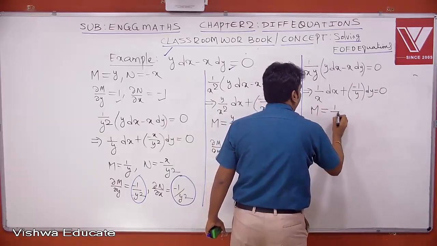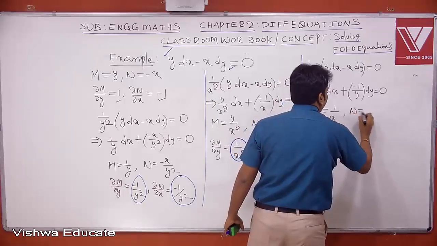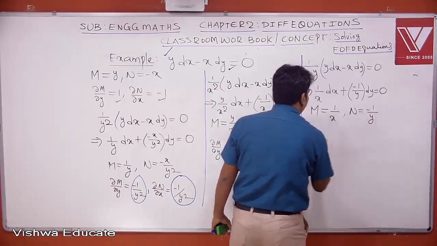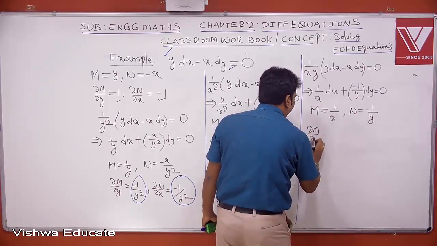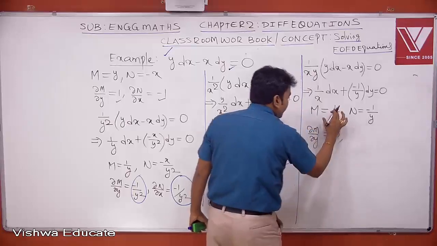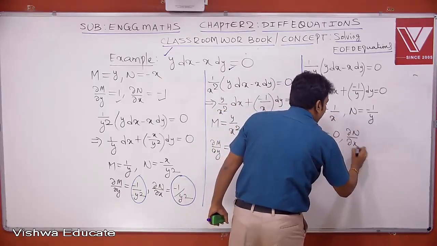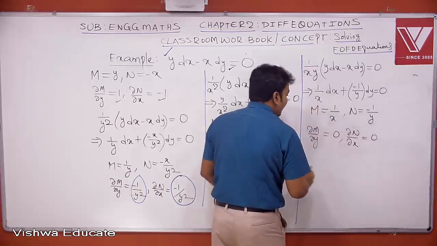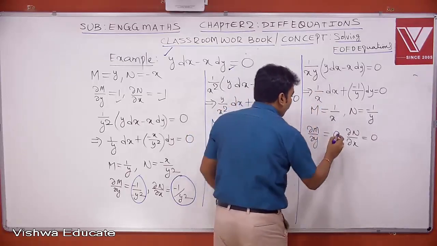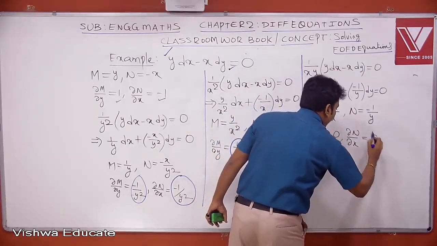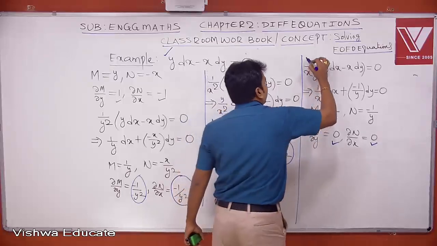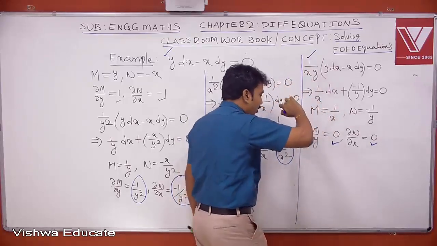Now, what is my m? It is 1 by x. N is minus 1 by y. So here dou m by dou y is 0 because it is a constant, and dou n by dou x is also equal to 0. Therefore, both are the same, and this is another integrating factor.